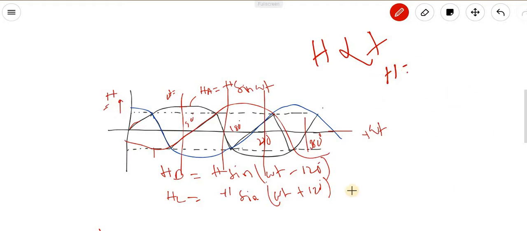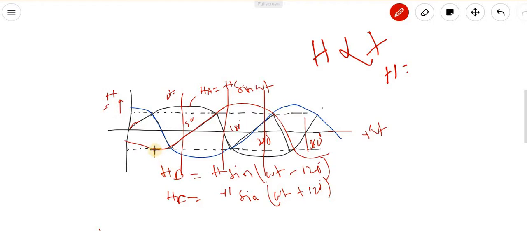is also 120 degrees phase apart. Okay, let's consider H_A equal to H sin omega t, H_B equal to H sin(omega t minus 120 degrees), H_C is H sin(omega t plus 120 degrees).